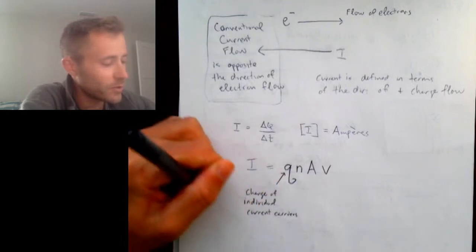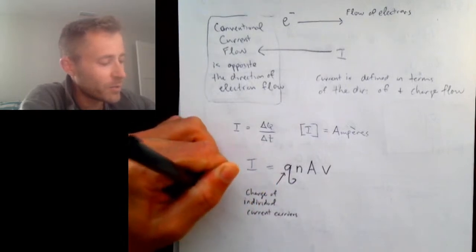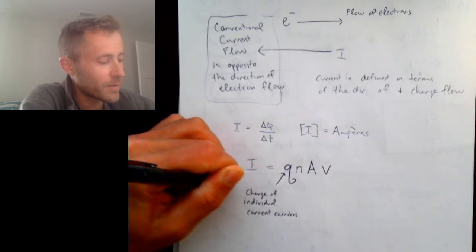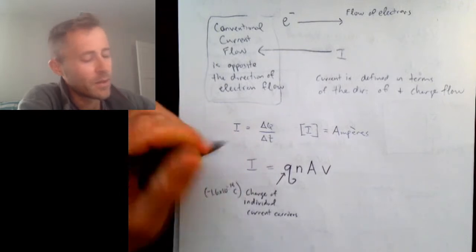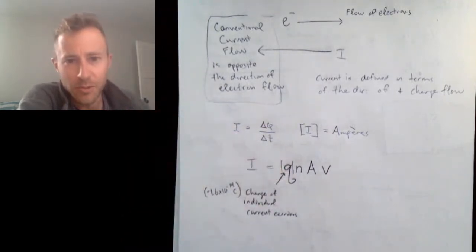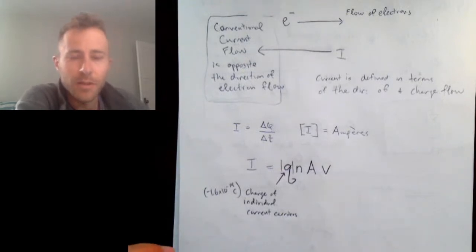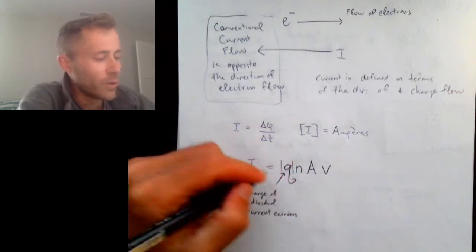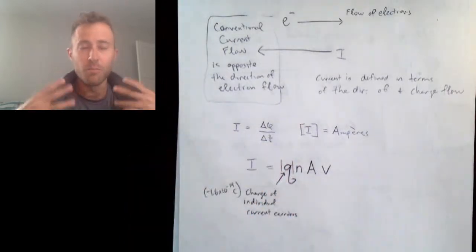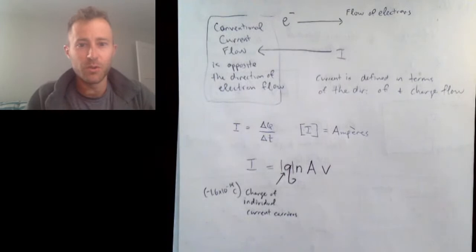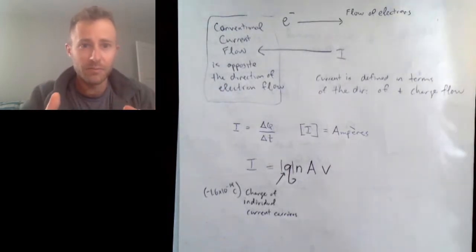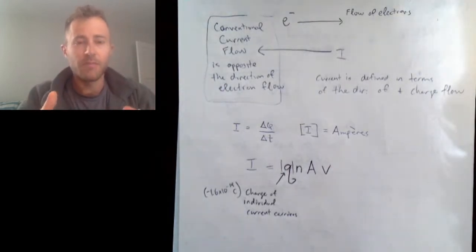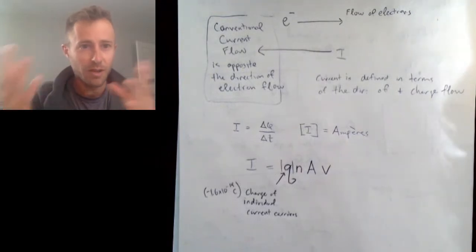So right. So this would be negative 1.6 times 10 to the minus 19 coulombs. You should put an absolute value there just to not get confused. Okay. So obviously, the more charge the individual current carriers have, the more current is going to be flowing. I hope that's obvious.